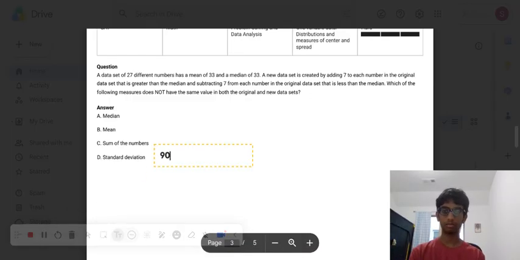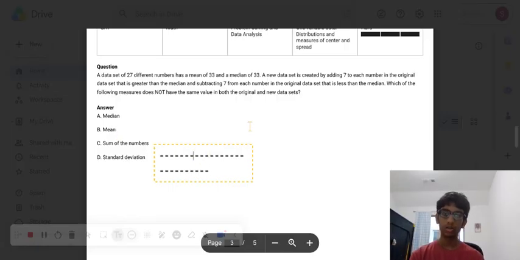Say we have 27 numbers: 1, 2, 3, 4, 5, 6, 7, 8, 9, 10, 11, 12, 13, 14, 15, 16, 17, 18, 19, 20, 21, 22, 23, 24, 25, 26, 27. I don't know if that's actually 27, but I hope it is.